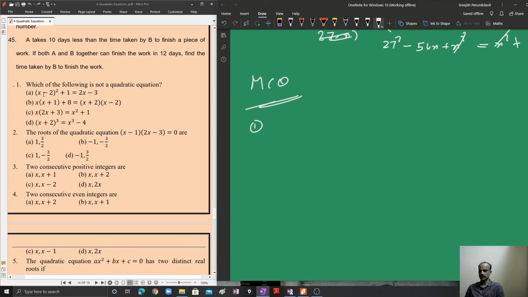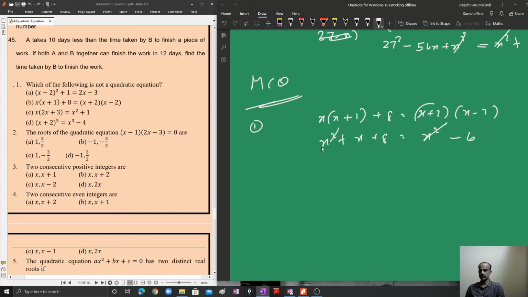Looking at the first one, the x square term prevails, so this is a quadratic equation. Here also x square is there. That cancels this option. Let us go for option number 2. x into (x plus 1) plus 8 is equal to (x plus 2) into (x minus 2). What happens here? x square plus x plus 8. Here x square minus 4.